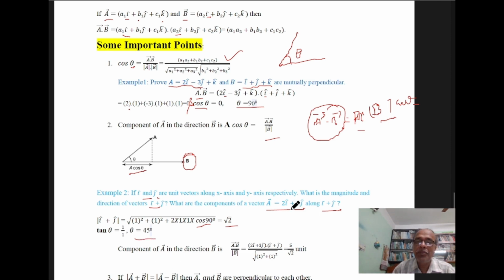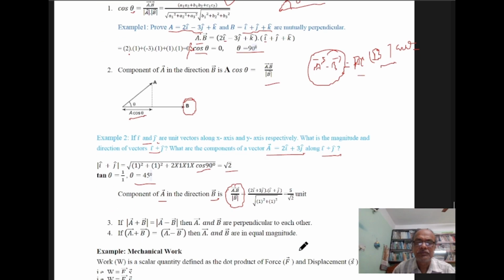Okay. Now what is the magnitude of A and B? With that, we know this formula. Okay. So simply vector A equals this one, vector B equals this one, the magnitude of this divided by root over of magnitude. So this is 5 root 2.